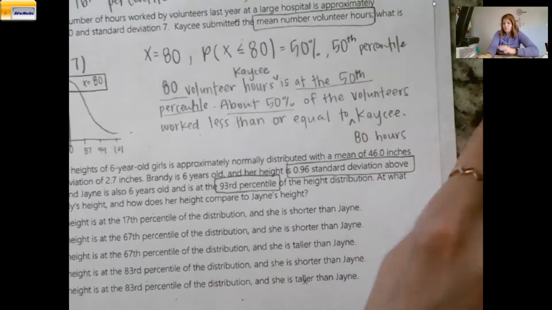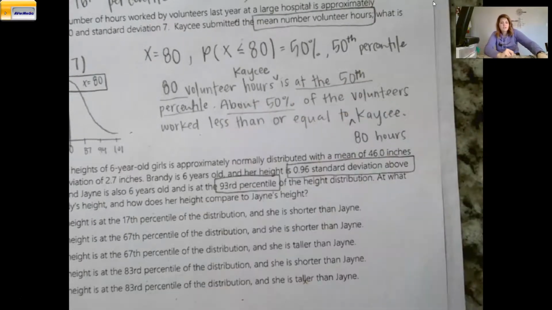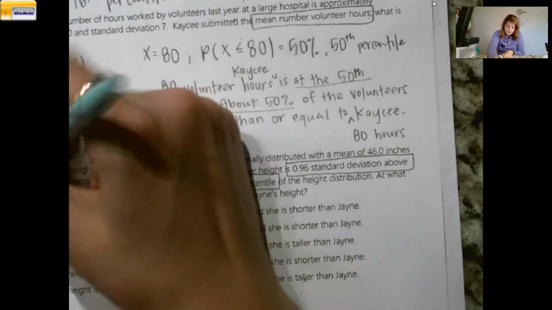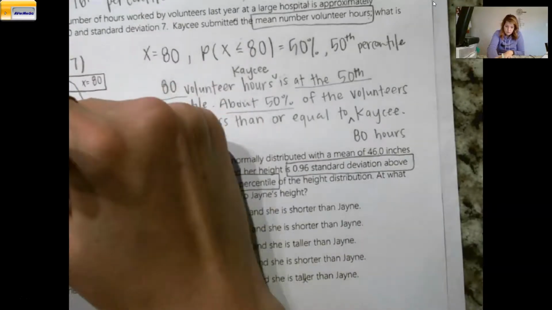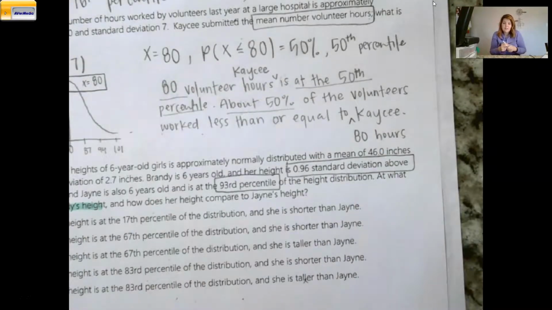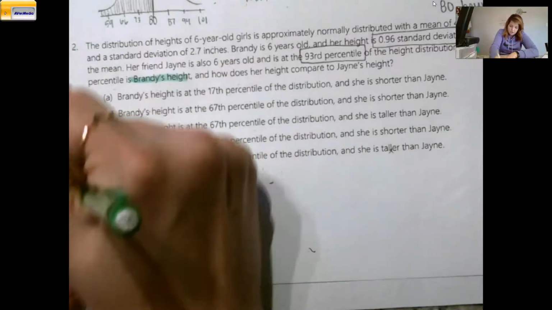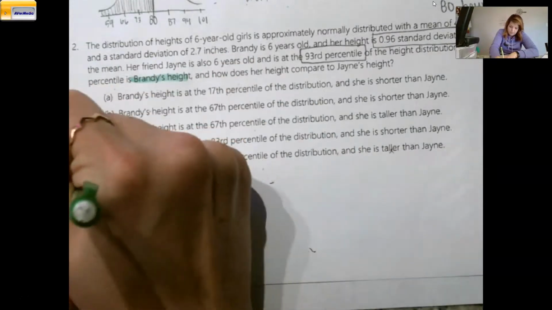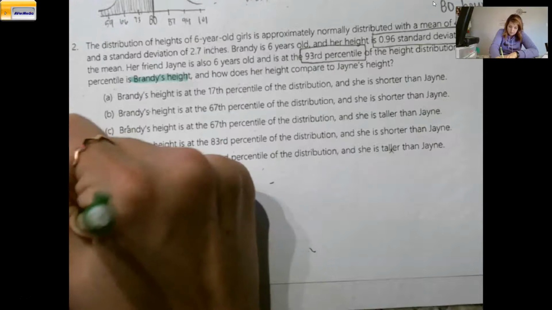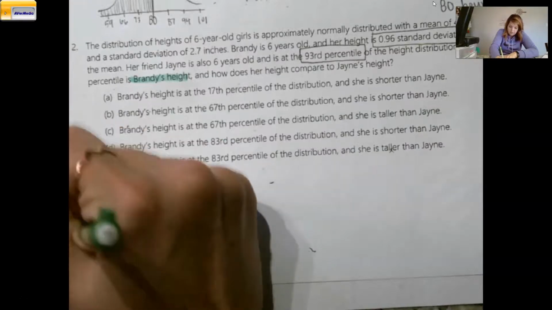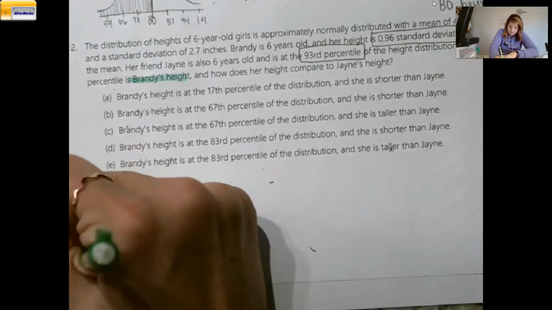Okay, so if we want to know the percentile for Brandy's height, we need to find Brandy's height. When we have a z-score, the variables that are involved are z, x bar, x, and sigma.